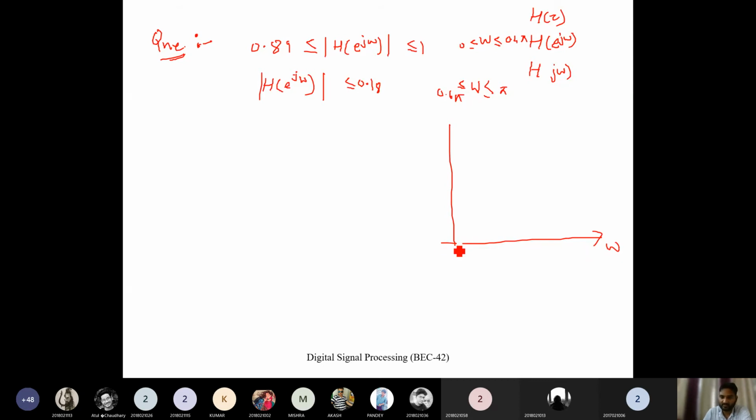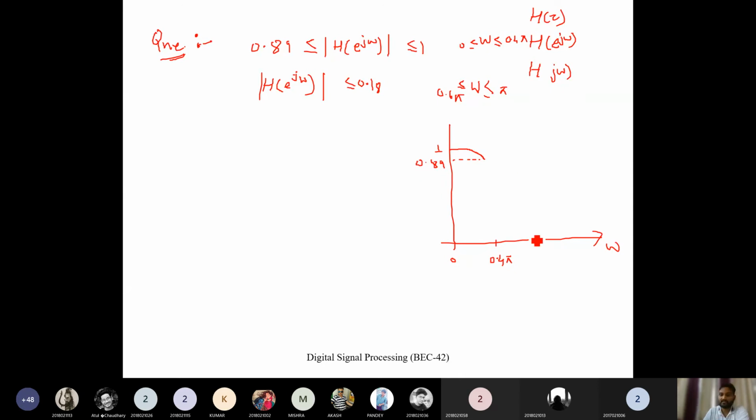Okay, so here from 0 to 0.4 pi, the magnitude is maximum, it is 1, and then from 1 it has converted to some value. So this is 1 and this has become a value that is 0.89.